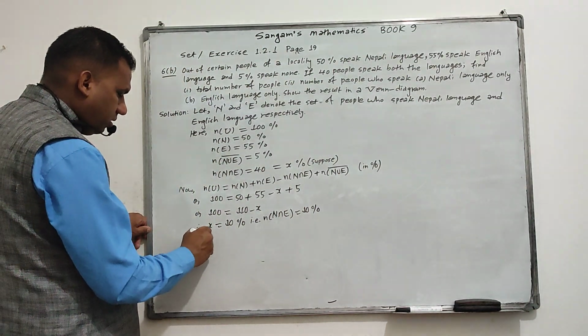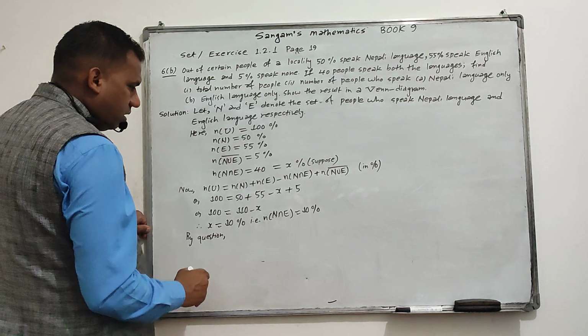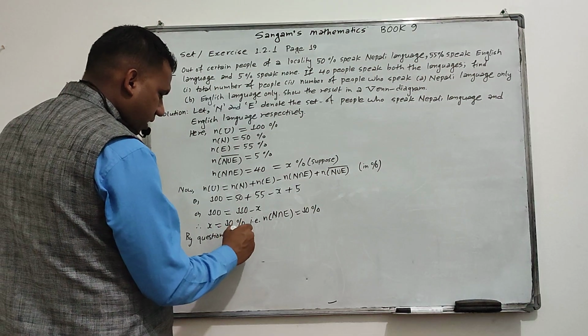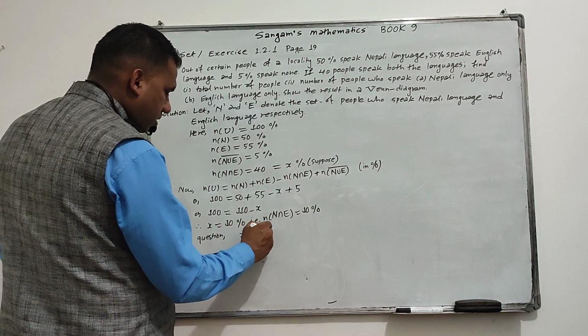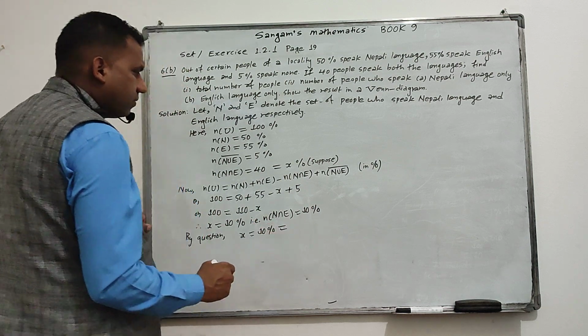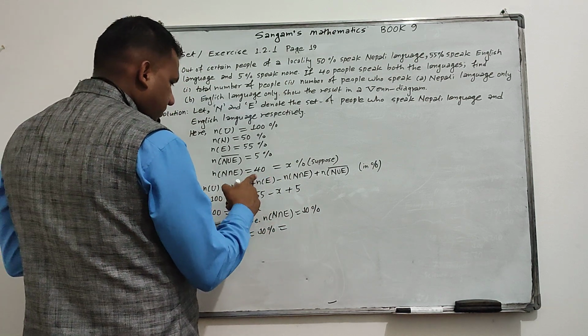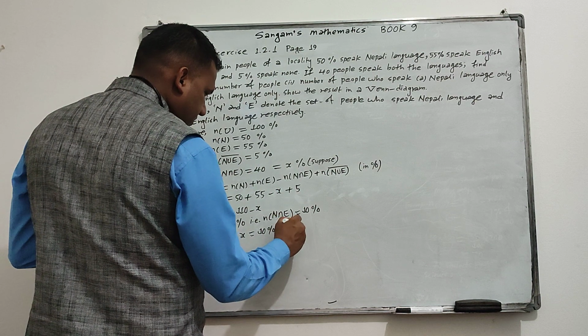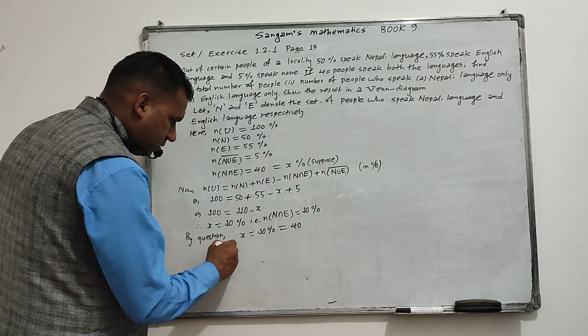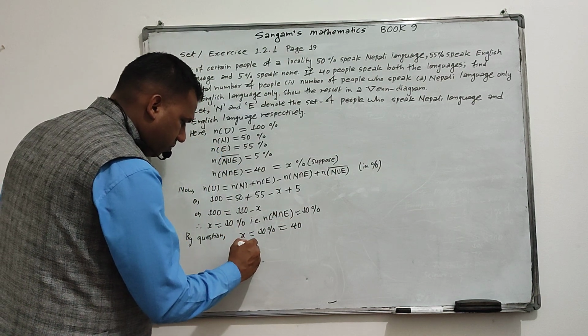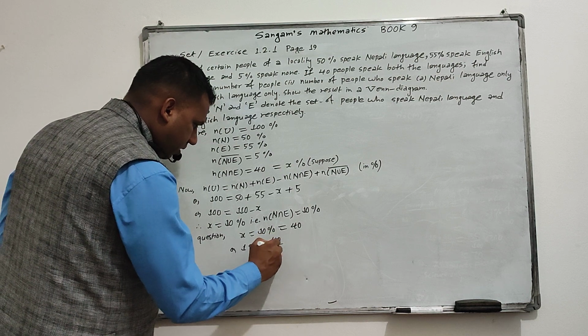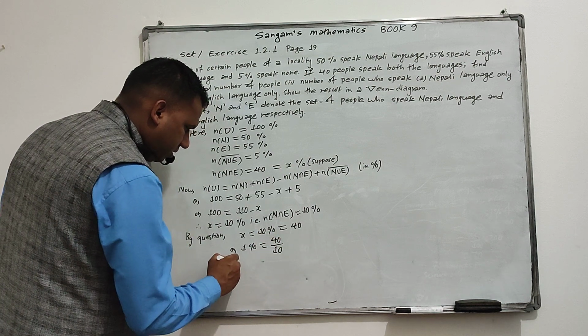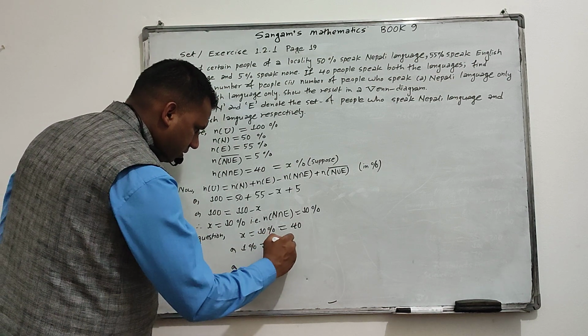By the question, X equals 10% equals 40. So 1% equals 40 divided by 10, equals 4.